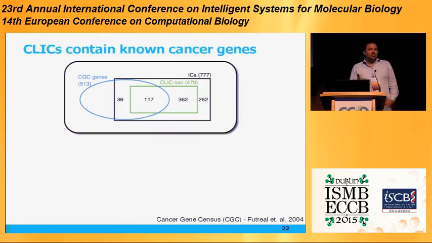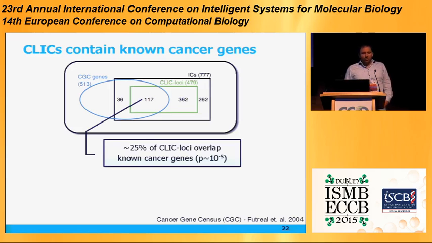We also overlapped our clicks with known cancer genes, which we obtained from the Cancer Gene Census. And this is the Venn diagram that we get. I'll walk you through it. First of all, 25% of the click loci overlap with known cancer genes, and this is already much more than expected by chance. But this still means that about 75% of the loci do not cover a known cancer gene.